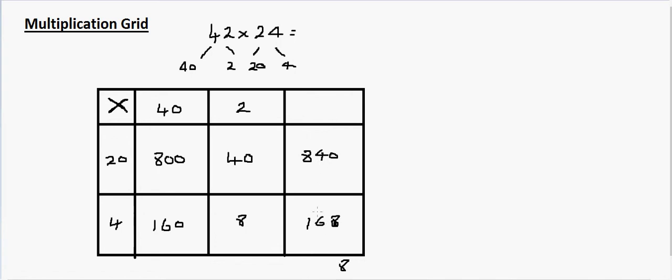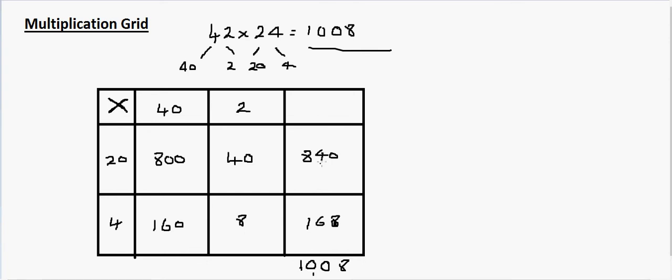Now 6 plus 4 is 10, so I put down a 0 and I carry 1. Then 8 plus 1 is 9, plus this one is 10. So I would get 1008, and that would be my answer.